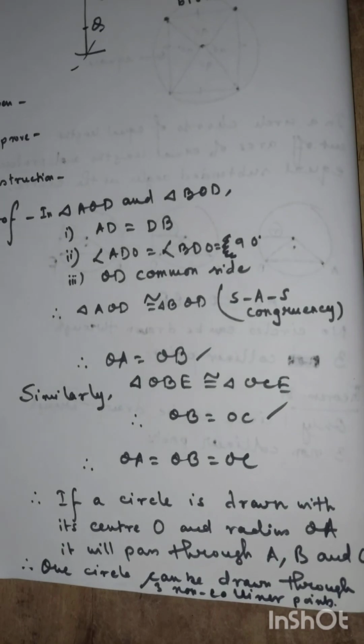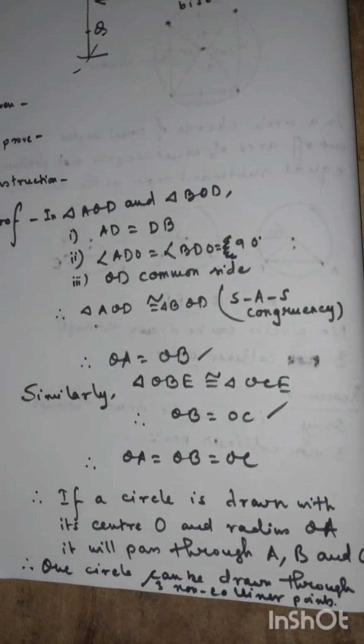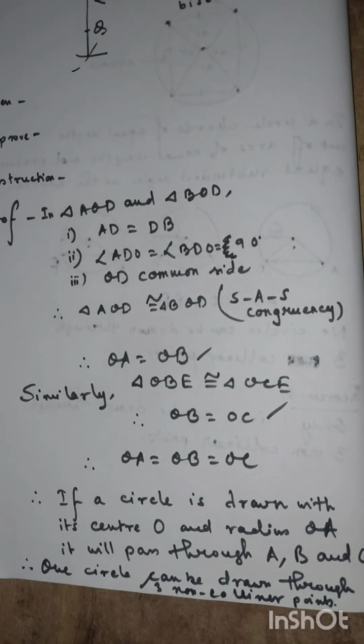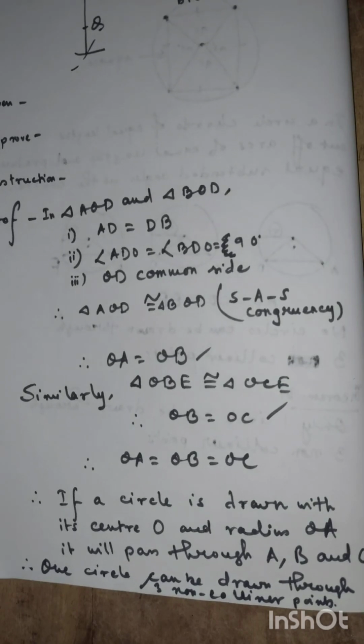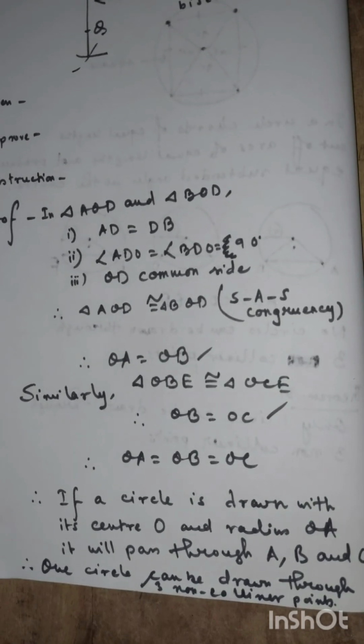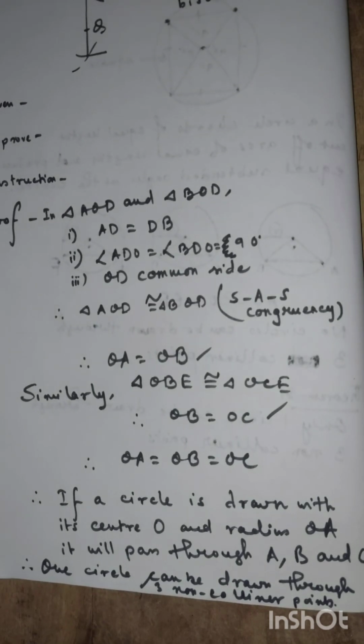Therefore, only one circle can be drawn by taking the fixed point O as the center with a fixed length of radius. Therefore, only one circle can be drawn through three non-collinear points. You can add this information for accuracy.